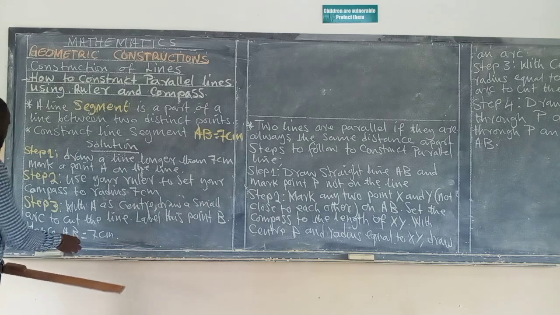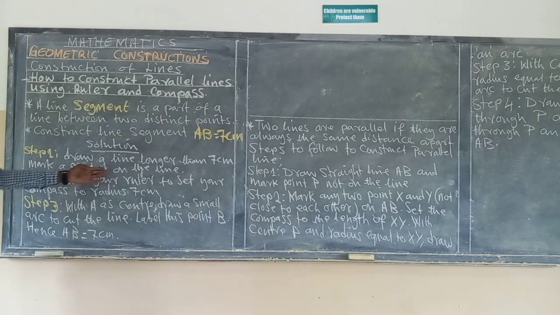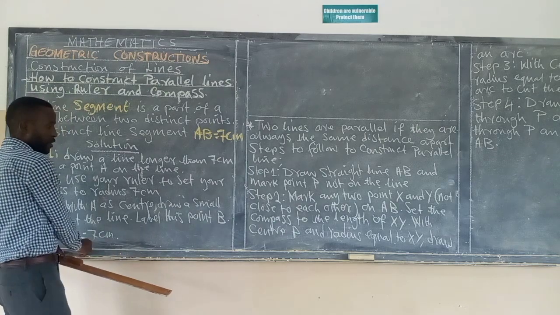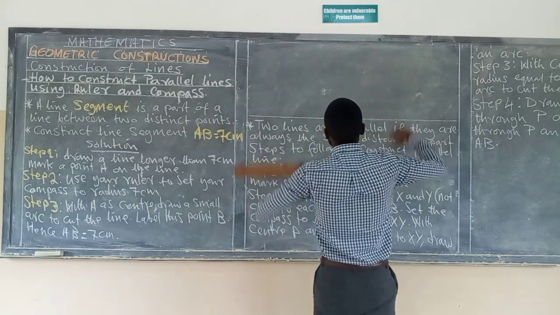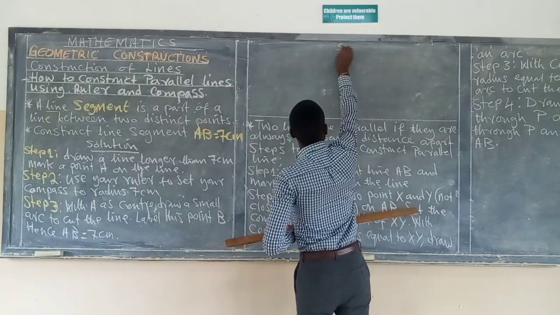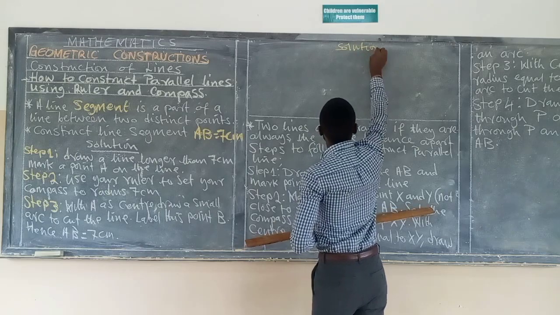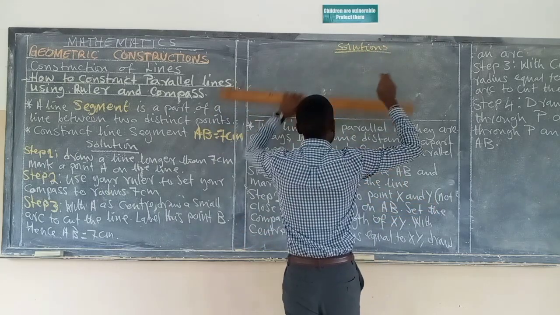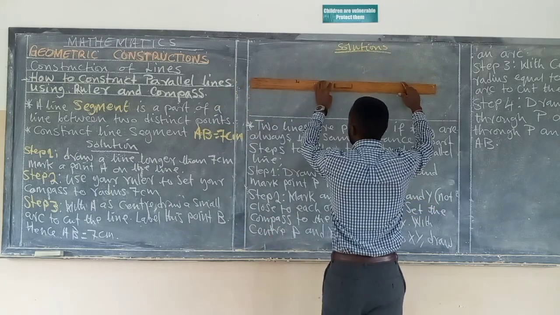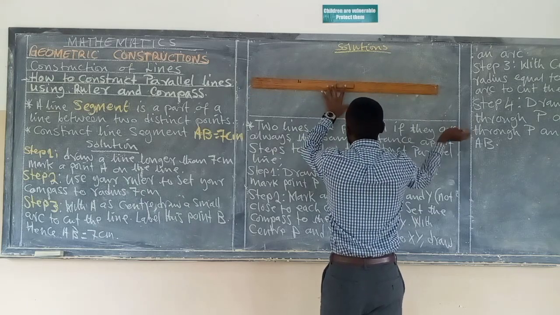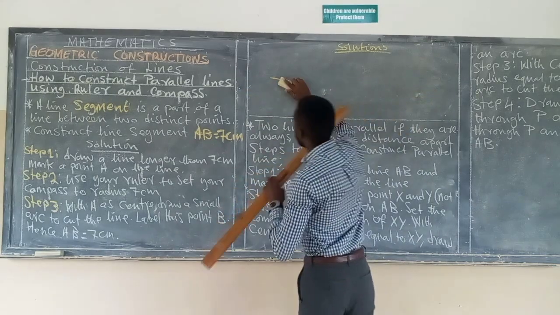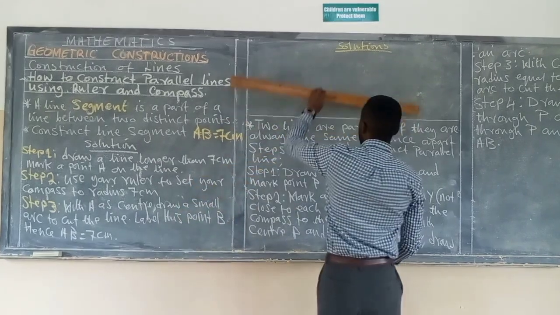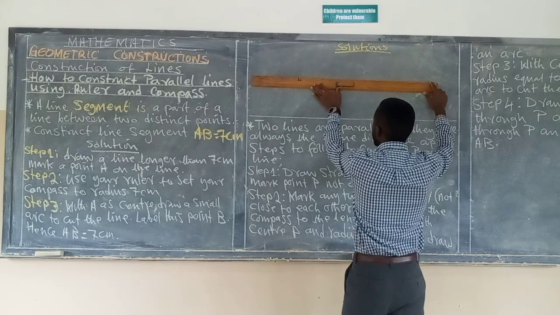So how do you do it? These are the steps. Number one, draw a line longer than 7 centimeter. We are going to use my ruler to draw a line. Make sure it's a straight line, and it should be greater than 7 centimeter.